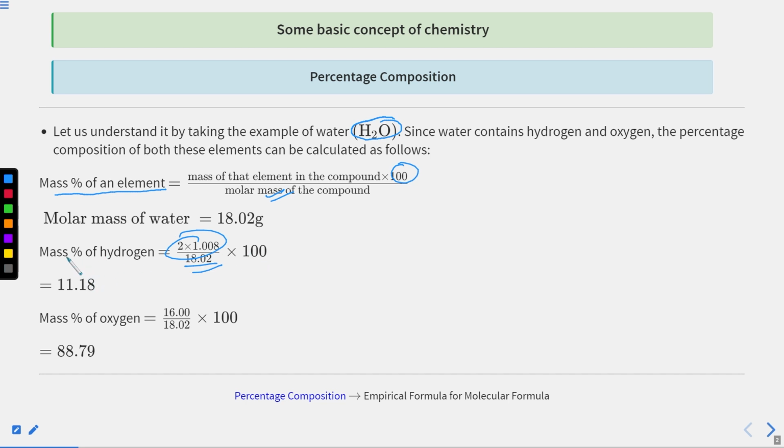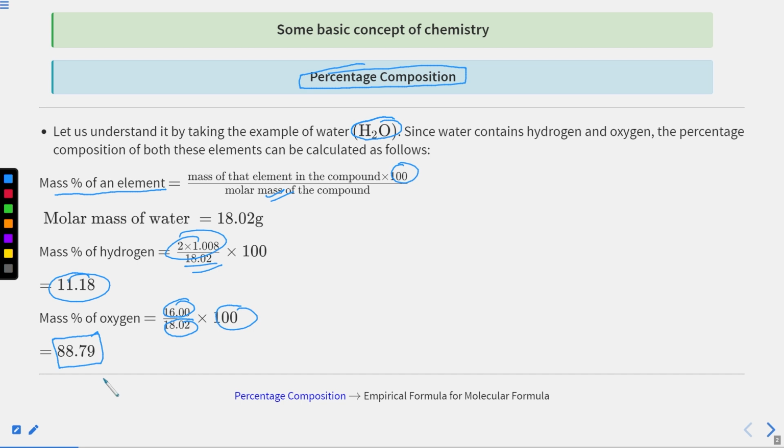So the mass percentage of hydrogen would be 11.18. We are talking about percentage composition, and in that we are talking about mass percentage. Therefore, we have calculated the mass percentage of hydrogen. What is the mass percentage of oxygen? The mass of oxygen divided by the mass of water, the compound, multiplied by 100, gives us 88.79 percent of oxygen.